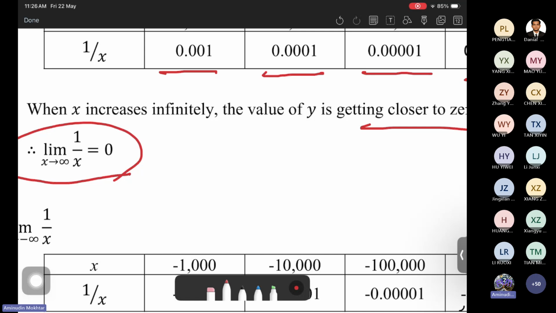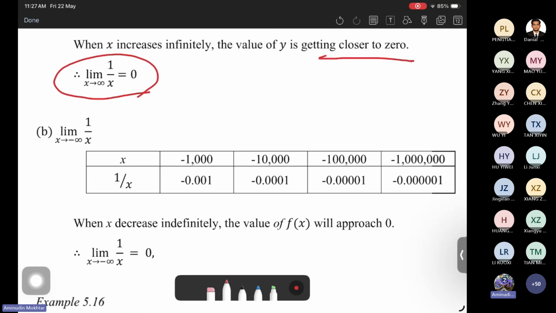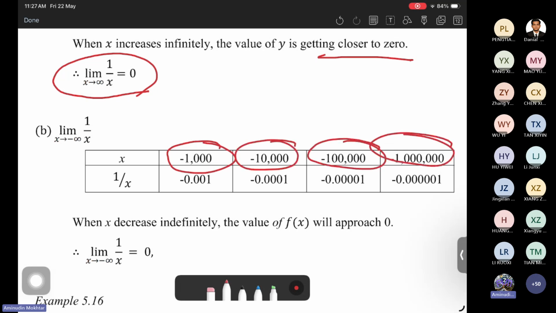Okay. The next one, when the value of x decreases. In this case, I choose values of x decreasing from negative 1,000 to negative 1 million, for example. As you can see here, the value of y will also decrease in size and get close to zero.